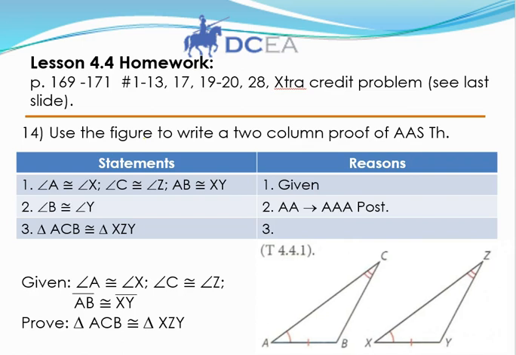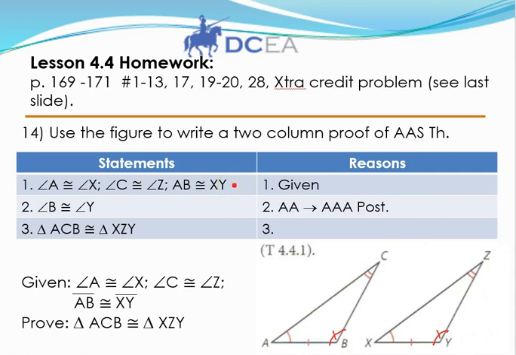Second step, because we already had two angles, we can now state the third angle. So we can say that angle B is congruent to angle Y. And that's pretty messy. I'm going to do something else to just show you another idea that you can use for your angles to also state them congruent, make them look different. So angle B is congruent to angle Y, and that's by AA postulate.